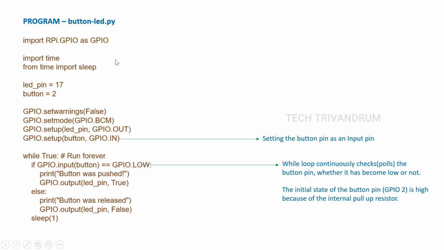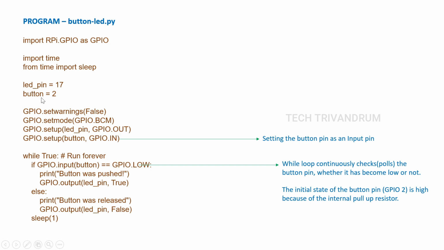After importing the libraries, the LED pin, like in our previous examples, is defined to GPIO pin 17, and the new button is connected to GPIO 2. The LED pin is set in the output mode, that is GPIO.OUT.